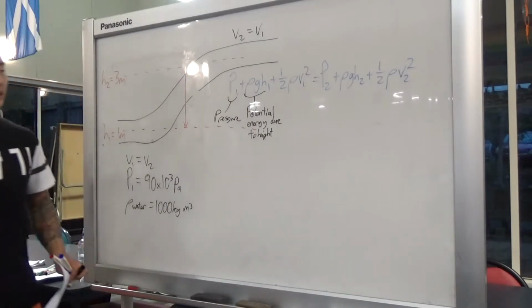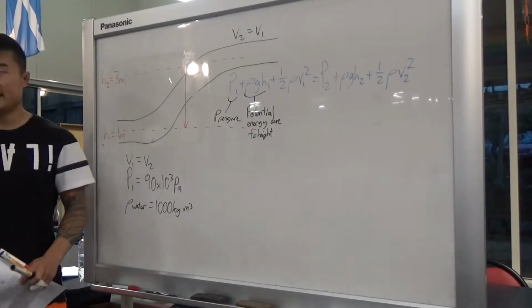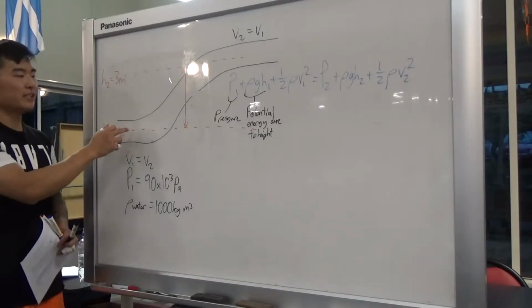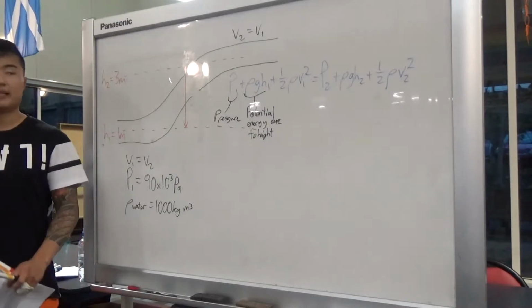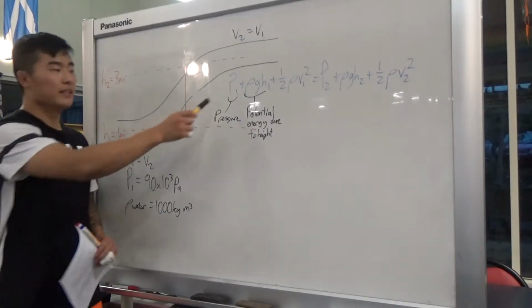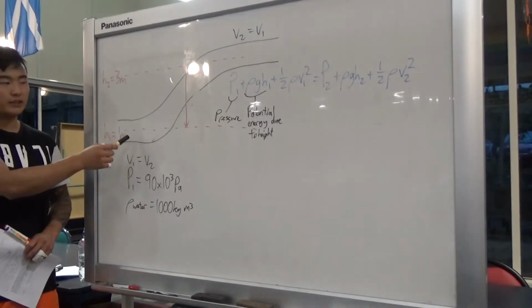Remember, the potential gravitational energy equation is mgh. This time we're dealing with a liquid, so we have density times gravity times height, not mass times gravity times height. So this is the potential energy in the liquid at this point due to its height.